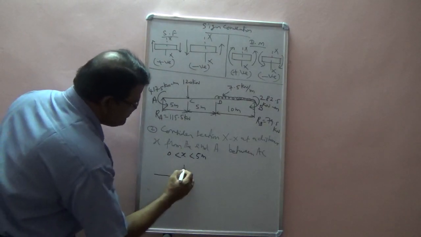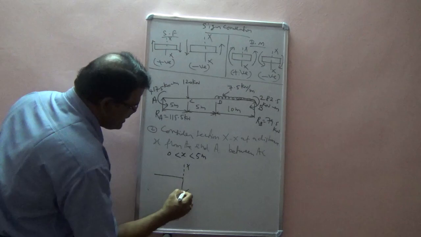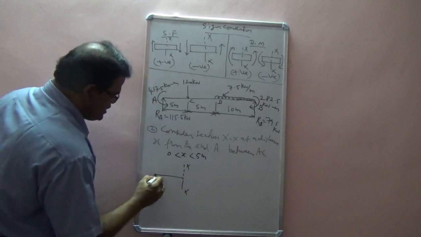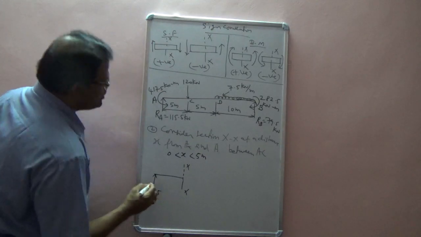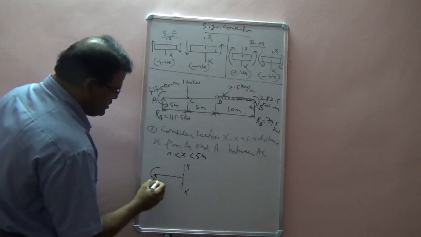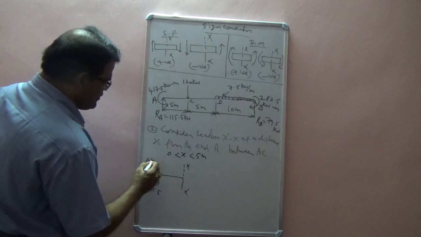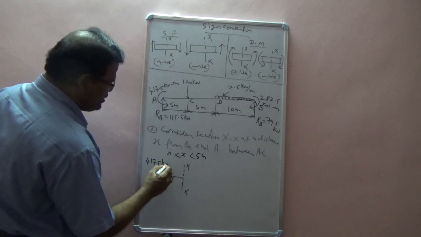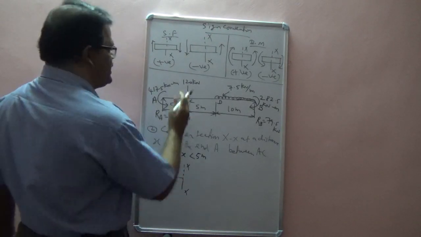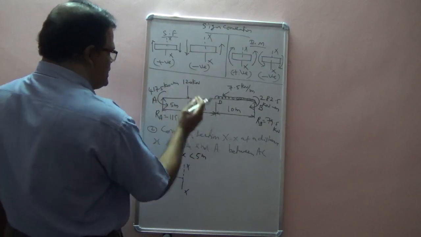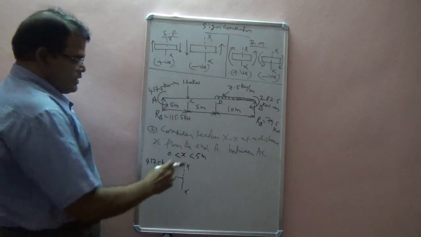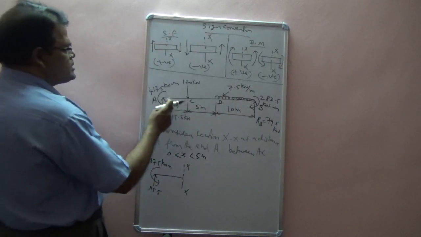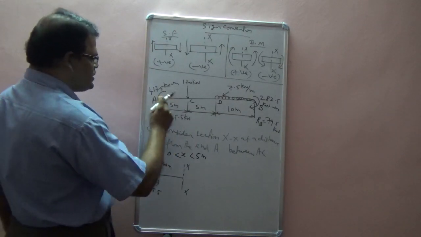This is the beam, this is the section XX, there is a vertical load of 115.5 kilonewton and a couple of 417.5 kilonewton meter. C we are not considering because it is between section AC, therefore C will be at the right side of the section XX. There is one vertical force and one couple.